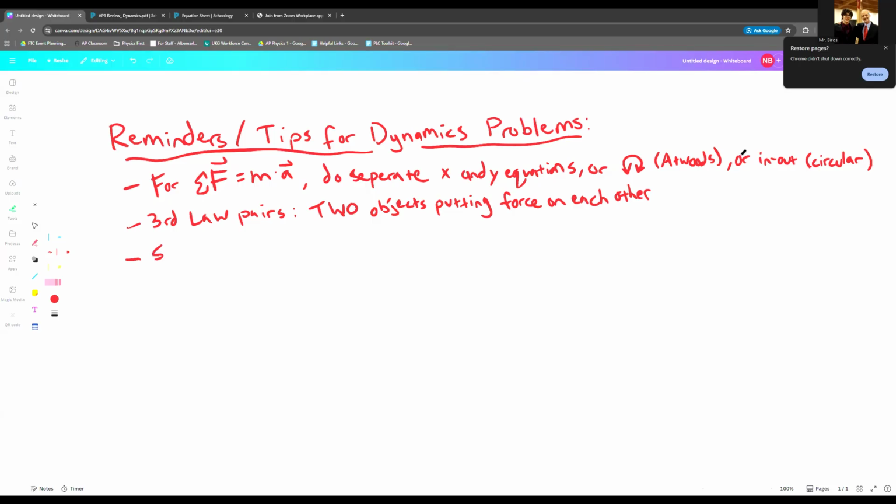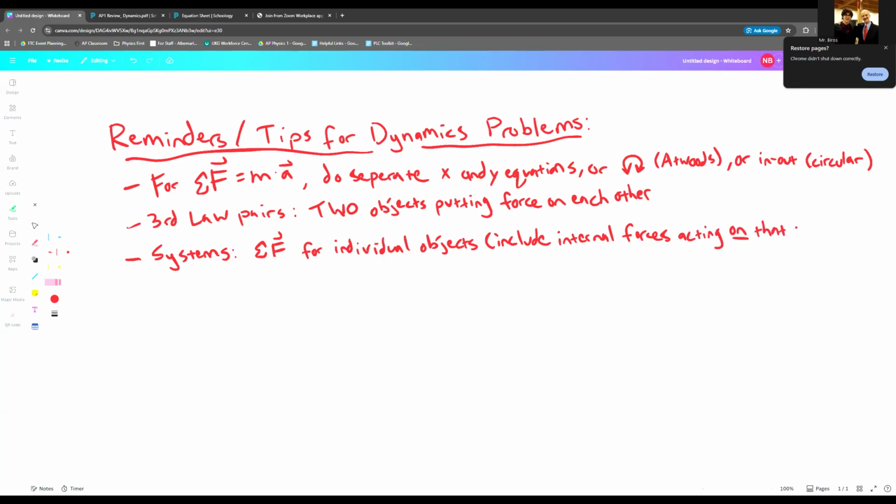All right, so systems. Do a sum of forces either for the individual objects, in which case you include internal forces, but you would only include forces acting on that particular object.